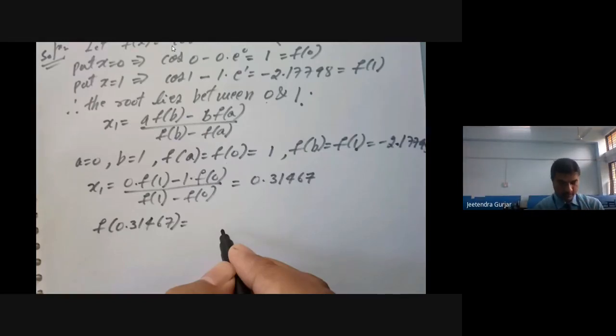Okay. So first we see what is x1. Substitute, tell me the answer, put it in your calculator. That is cos 0.31467 minus 0.31467 into e raised to 0.31467. It is correct.